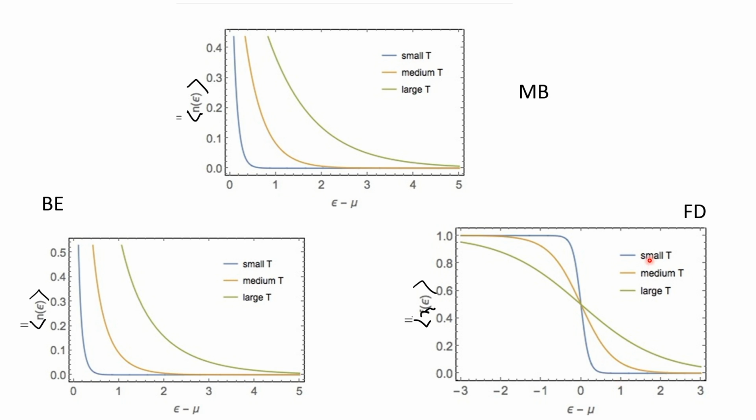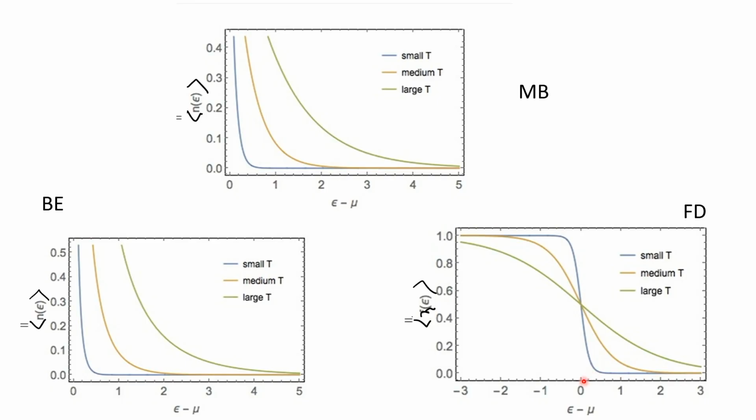Okay. I mean, we have left it as small, medium and large, but this large is enormously large, because the temperature needed for the distribution to fall to half its value is actually very large. Just to give you an idea of what a large number means, for typical metals like copper or aluminum, the Fermi temperature, which we will define later, a temperature corresponding to epsilon minus mu equal to 0, is of the order of 60,000-70,000 Kelvin.